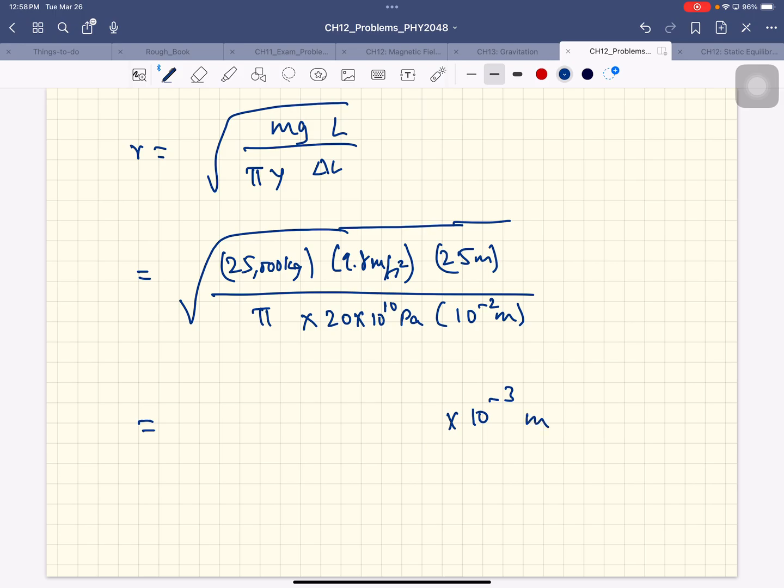This is in meters. And you have 25 squared times 9.8 divided by 2 pi. You guys with me on that one?